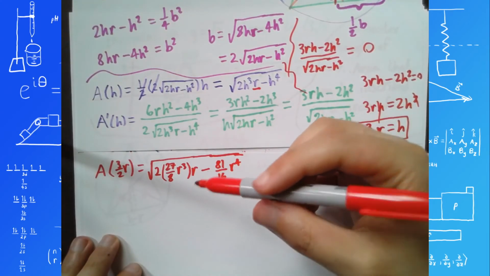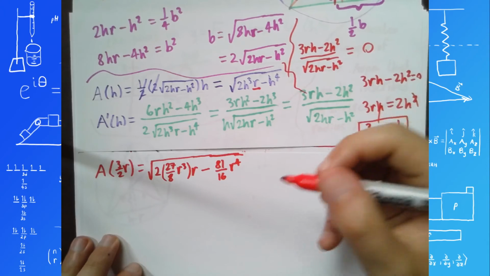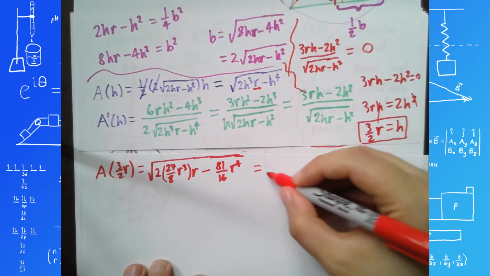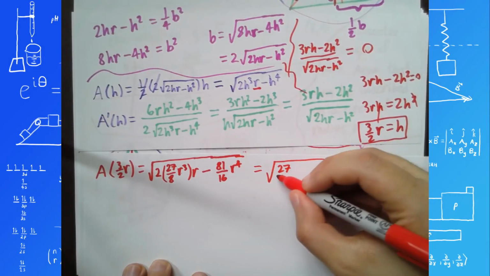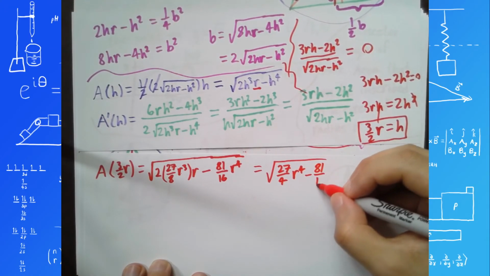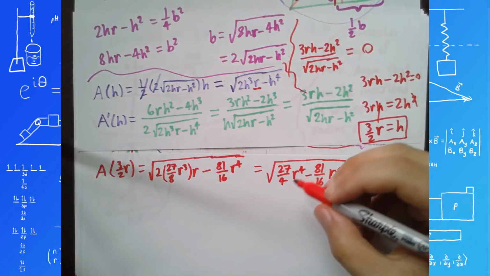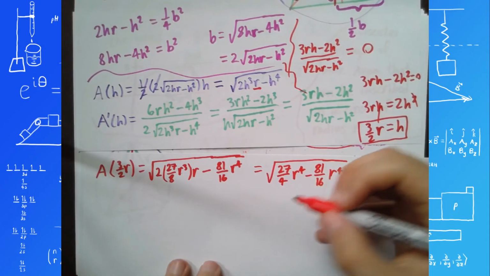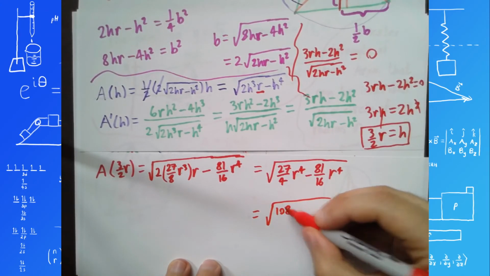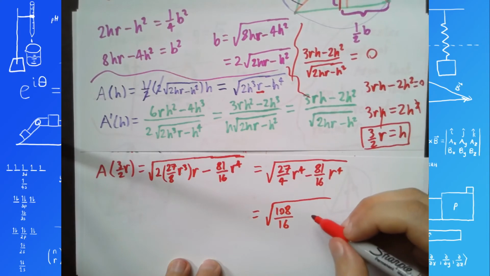Alright, that gives us, well, I see we're getting r to the 4th here as well, so there are like terms to work with. 2 and 8 reduce to 4, so it looks like we've got the square root of 27/4 r to the 4th minus 81/16 r to the 4th. 27/4, if I multiply by 4 over 4, that's going to be 108 over 16. 108 over 16 r to the 4th minus 81 over 16 r to the 4th.